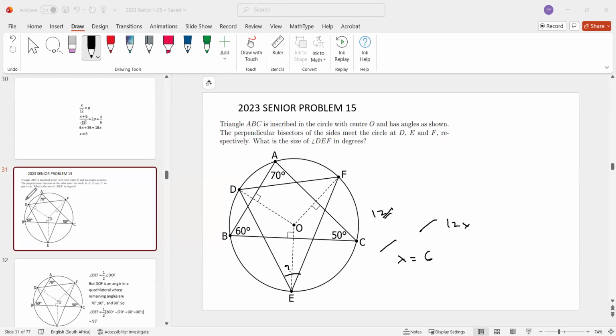Now, a very important theorem in circle geometry is the following.